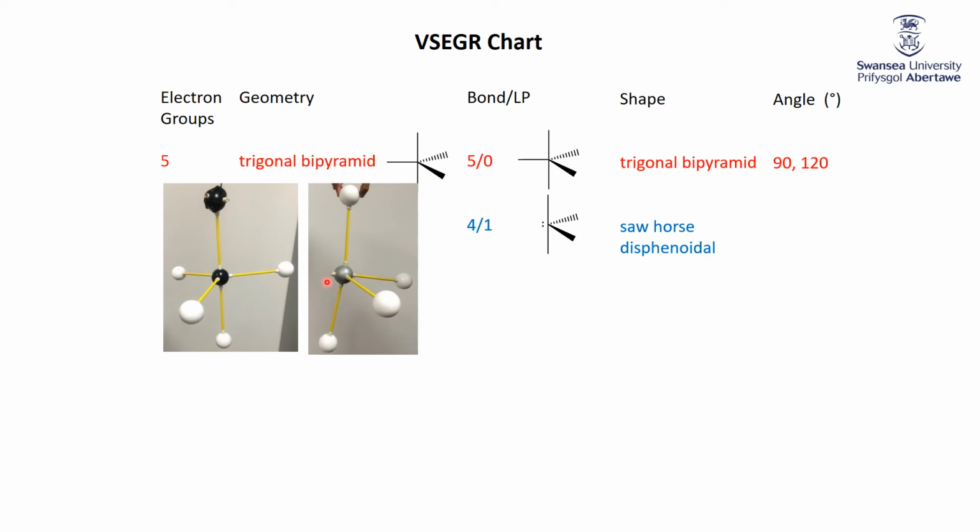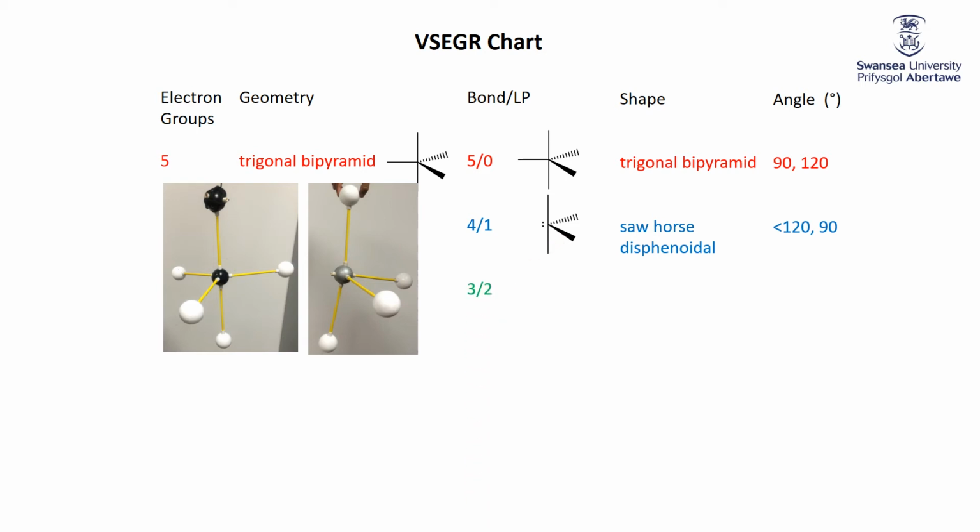This is kind of what it looks like. You see we've taken away one of those equatorial positions there. So there's still close to 180 there, and then you've got these other ones, the 2 left from the plane. So the angles in there are less than 120 and less than 90, because now you've got the lone pair repelling all of these groups, making those angles a little bit smaller.